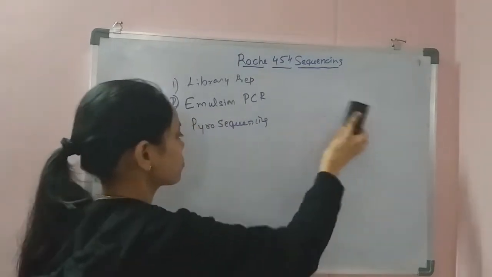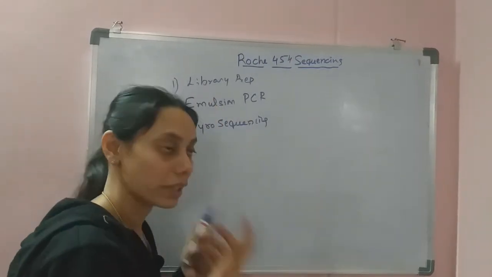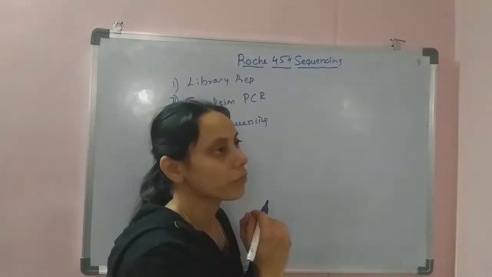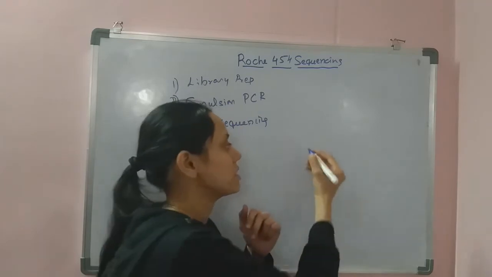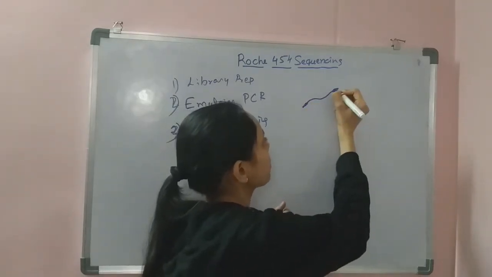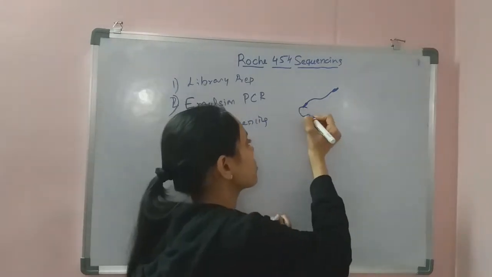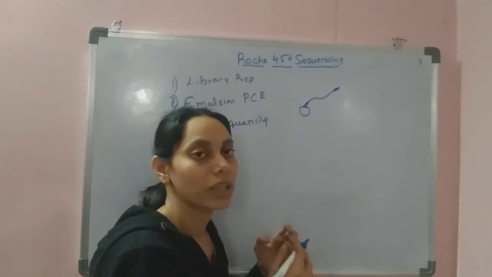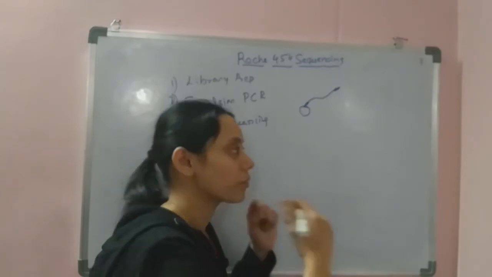The next two steps are the key steps in Roche 454 DNA sequencing, that means emulsion PCR. Here in emulsion PCR, the single-stranded DNA attached with these two adapters will be attached to a bead. All fragments obtained from the library will be attached to these beads.